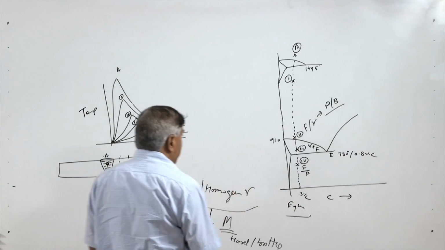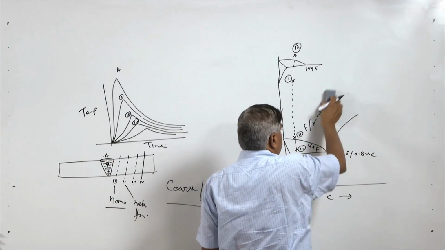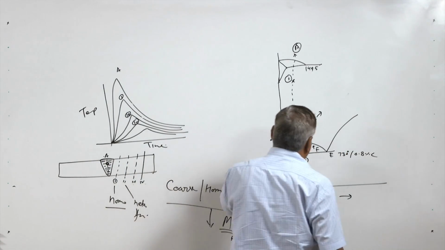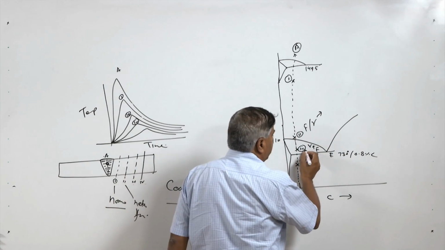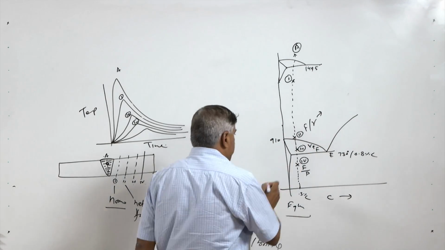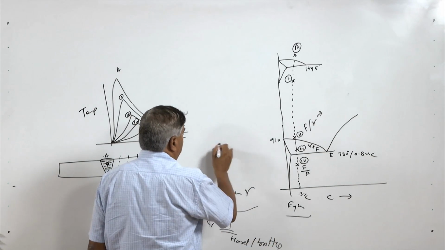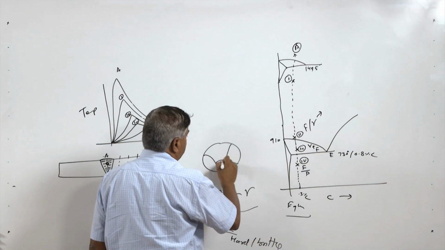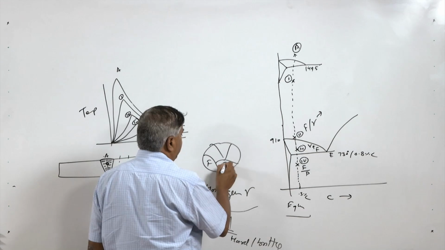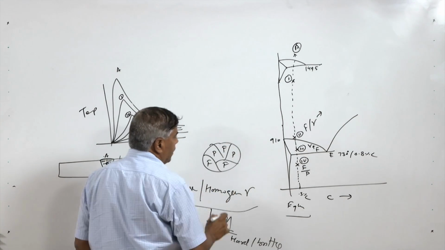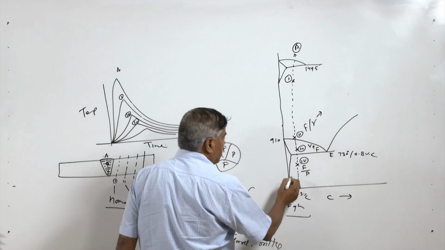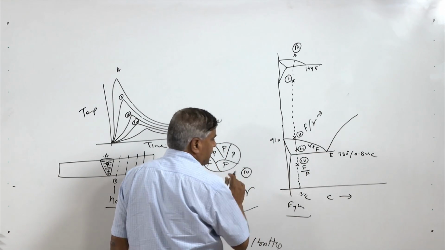Mostly it is the fine pearlite which will be produced. At point 3, consider this one: ferrite, pearlite, ferrite. This is the situation at point 4, which is the base metal.